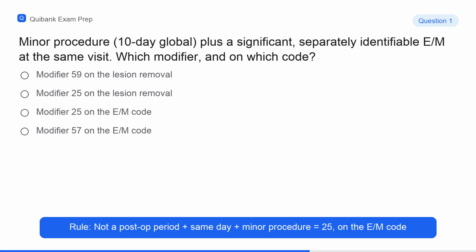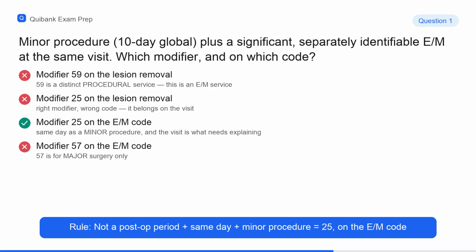First one. A physician removes a small skin lesion, a minor procedure with a 10-day global period, and at the same visit performs and documents a significant, separately identifiable evaluation of a new, unrelated complaint. Which modifier and on which code? The answer is modifier 25, appended to the evaluation and management code. Walk the options.